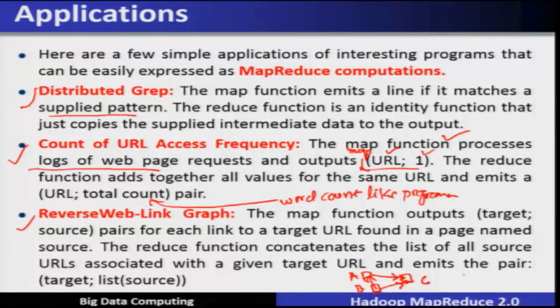We are given pairs: web page A is pointing to C, B is pointing to A, and B is pointing to C. Out of this, we have to find out for a particular web page how many links are pointing to it. It is called a reverse web link graph.